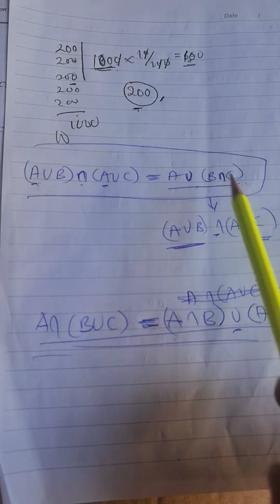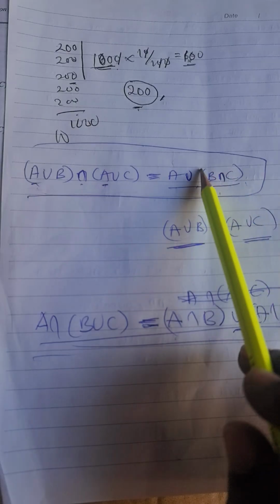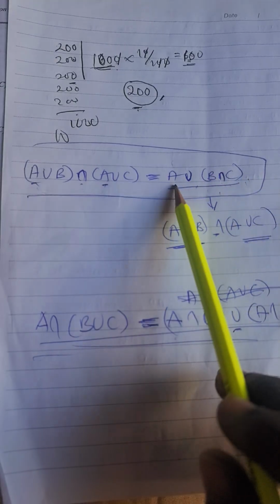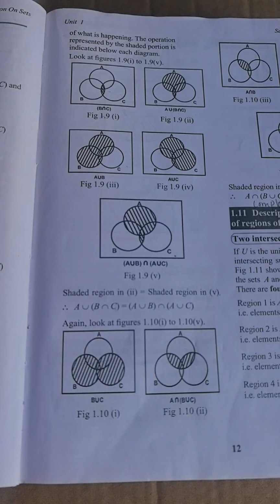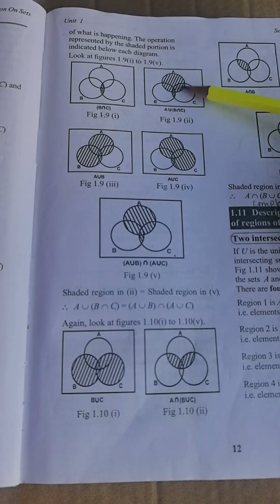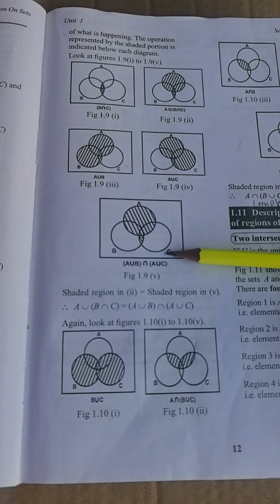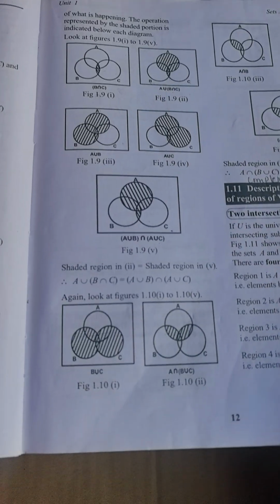This is the expression. So the moment you get this, now you can deal with the brackets. Now this is the bracket first. So B intersection C, then add the union. Then you see that we are having the same expression here as there. I hope you are getting the point. Here, the same as here. It's as simple. So you see, they were expressed differently, right? Now let's move on.